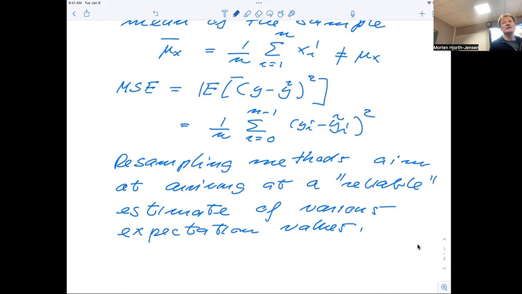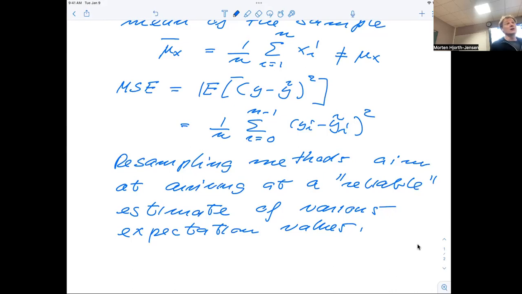Normally people do that less than the number of data you have. So if you have 1,000 data points, you could resample the whole data set 100 times. So resampling means that you have your first data set, and then you make a new data set by picking randomly the different input and output values. And when you pick them randomly with replacement, it means that you can pick the same observation more than one time.